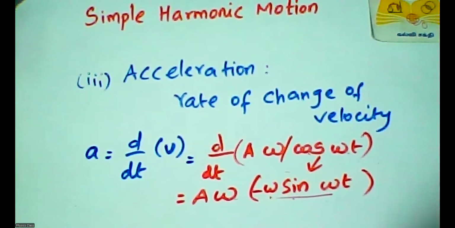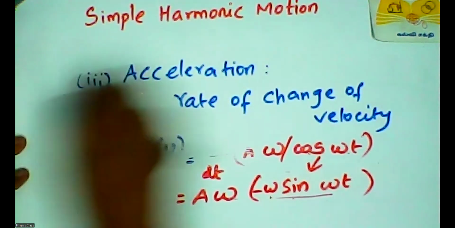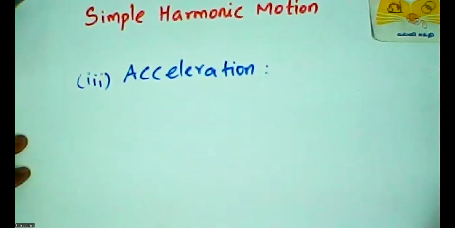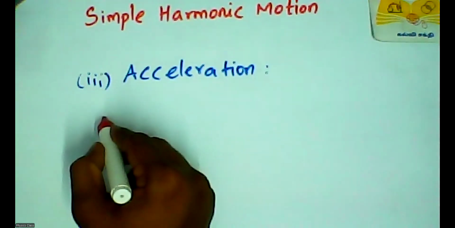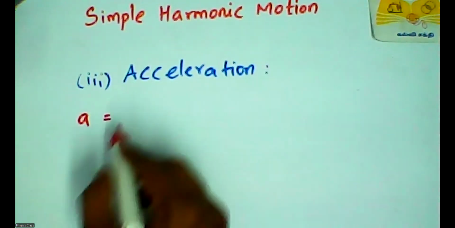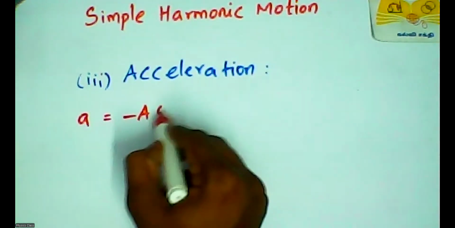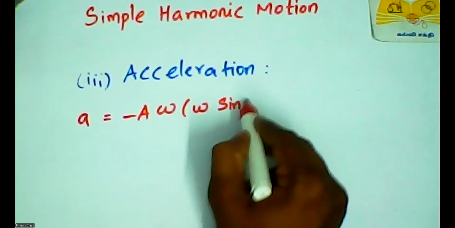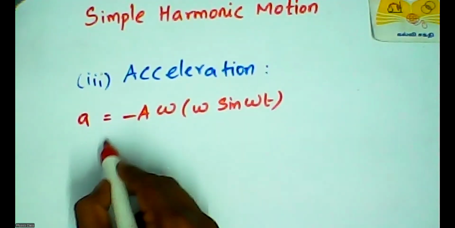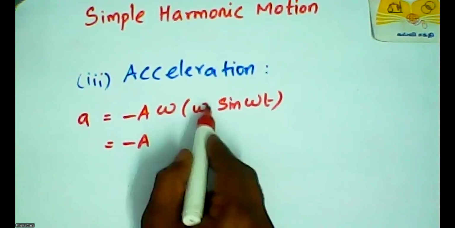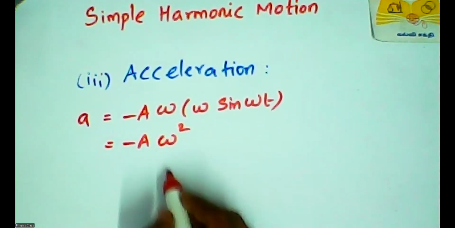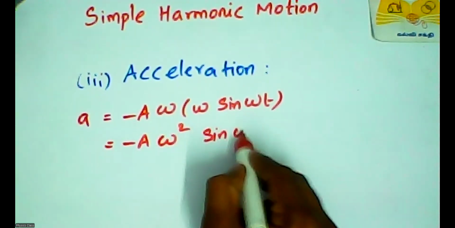So this quantity becomes a minus a omega omega sine omega t. Yes, minus a omega and omega square, so omega square sine omega t.